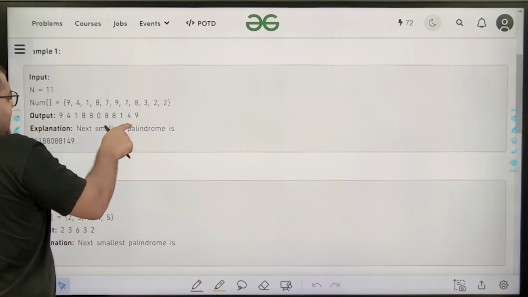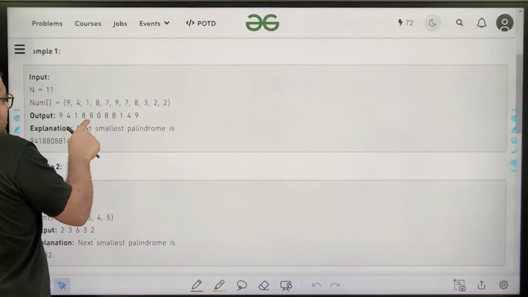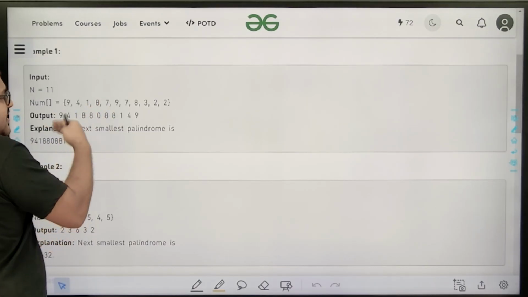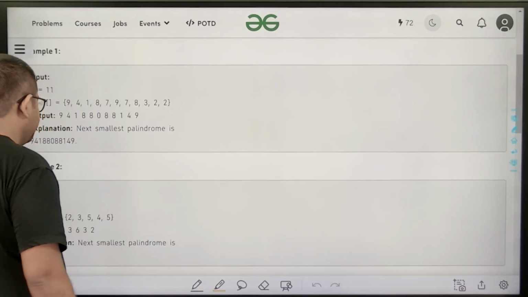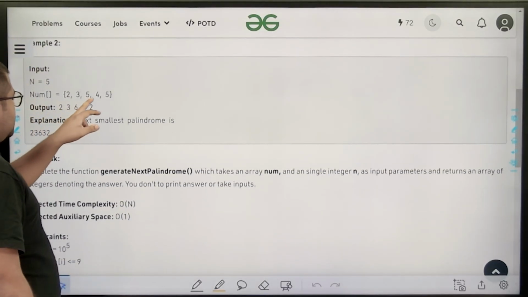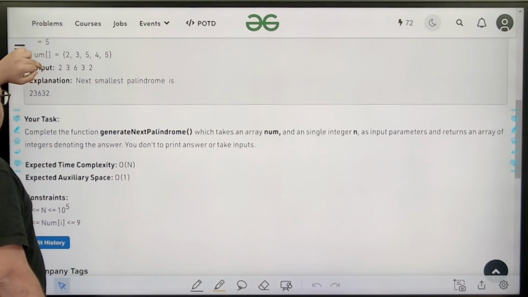Okay, so this is the palindrome and it will be greater than this, because if we look here the fifth digit is 7, here the fifth digit is 8, and all the earlier digits are the same. So this is greater than this and it will also be the smallest. Then if we look at the second example, we have 23545 and the answer for that is 23632. Okay, it is the next smallest.